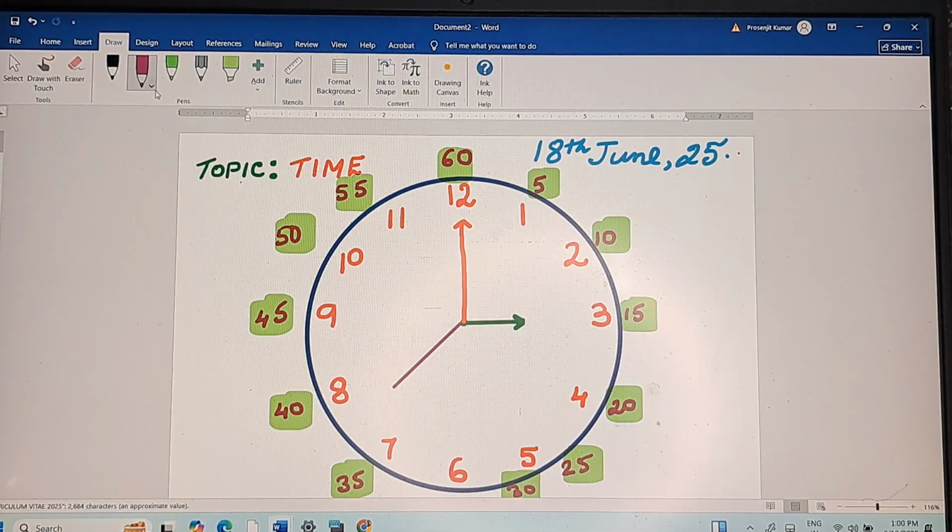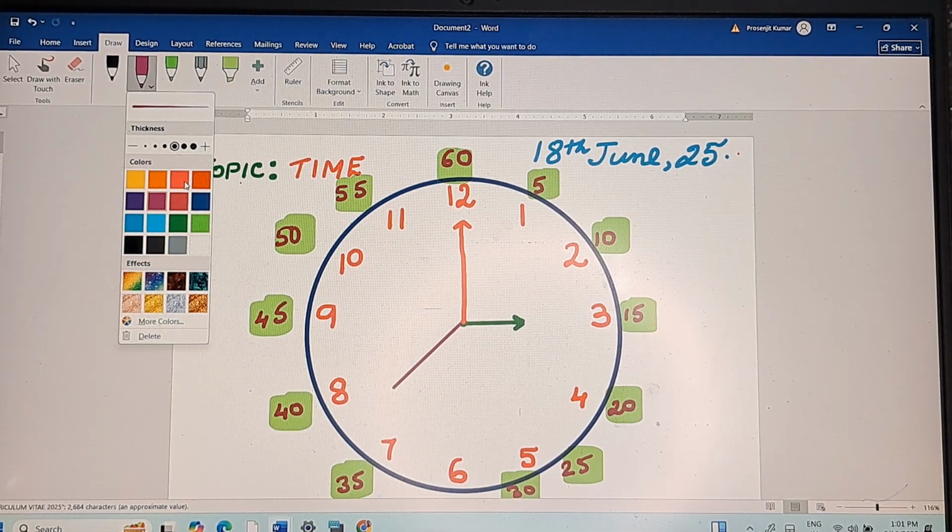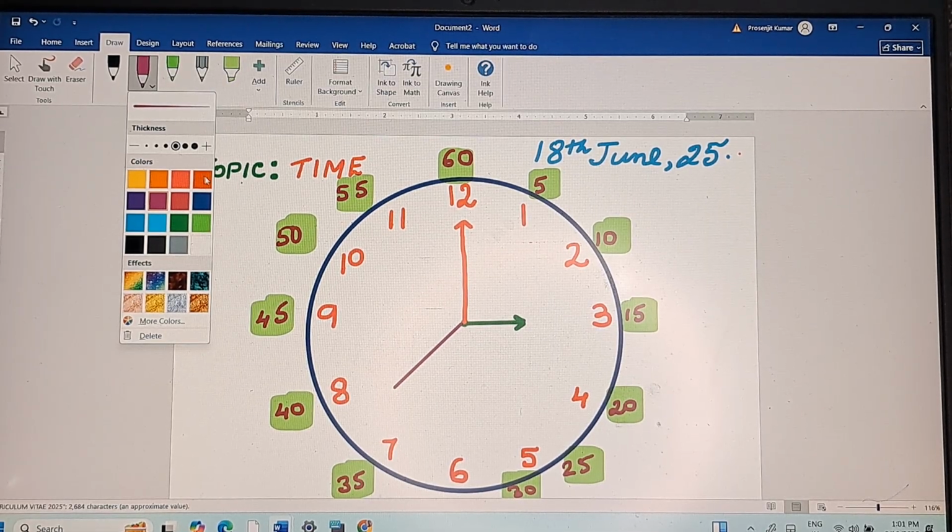Now in this clock also I am going to mark the 24 hours timing. How will I mark?